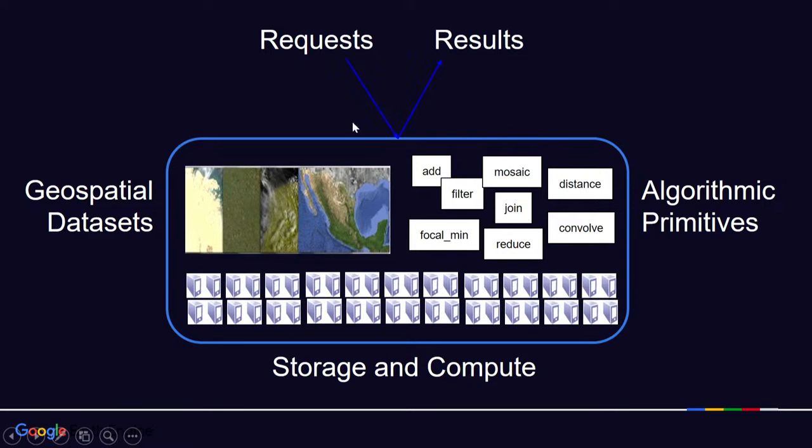With some basic APIs, we can access the data and apply algorithmic primitives like convolve, distance, add, filter, focal mean, and whatever primitives are there, and get back the result interactively.